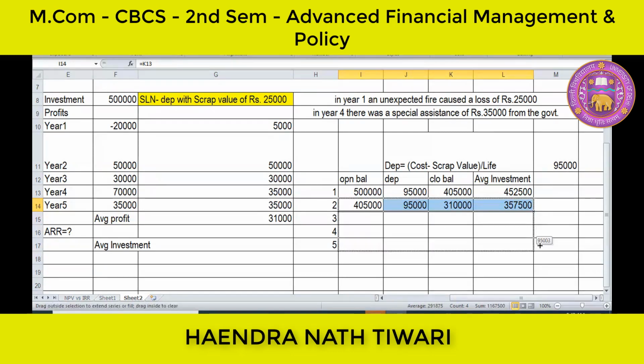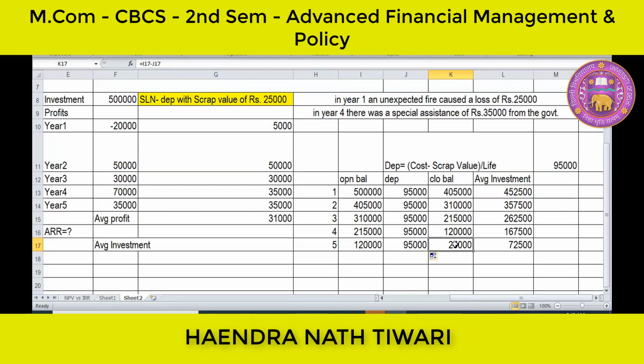And the closing balance of the 5th year must be equal to 25,000. That's your scrap value. Your asset will be sold for this.